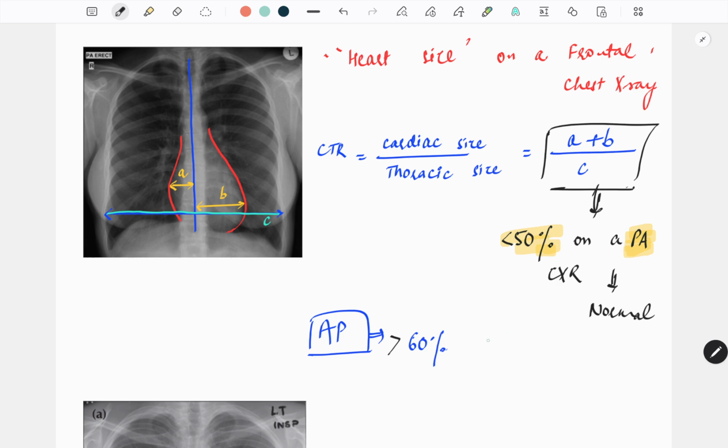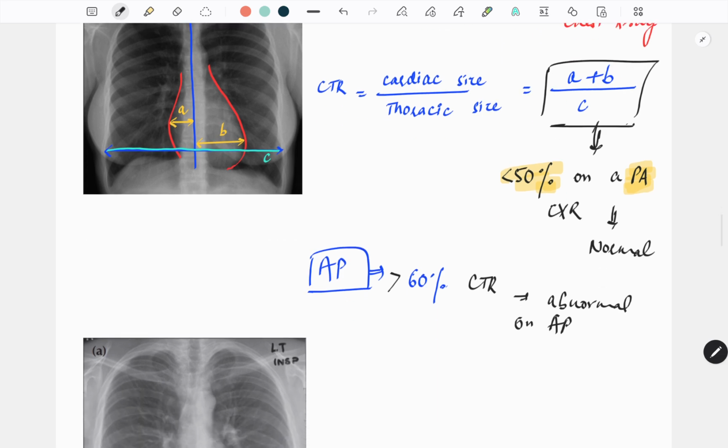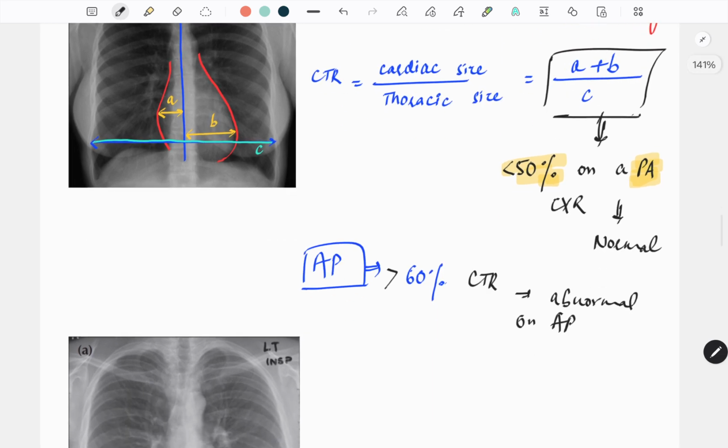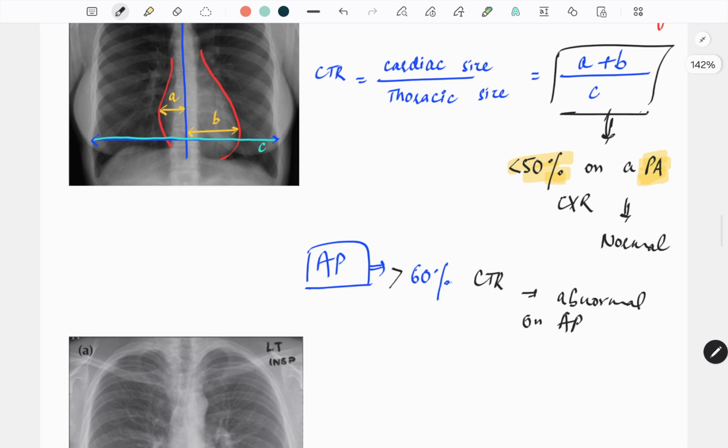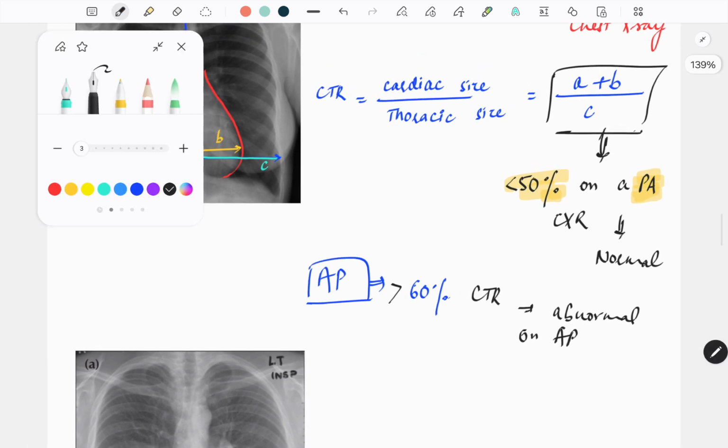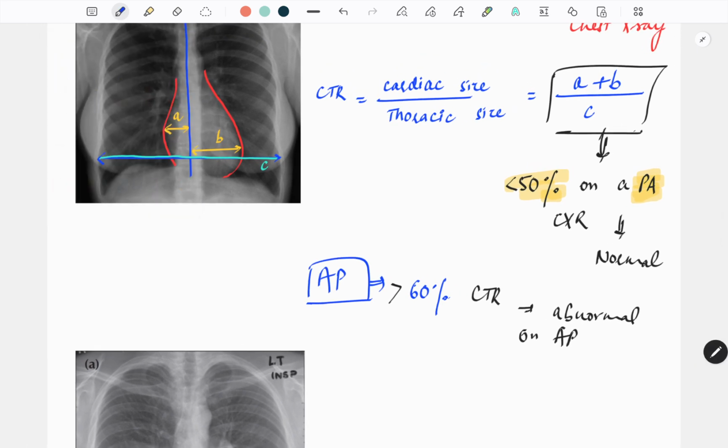More than 60% CTR would be considered abnormal on an AP radiograph, whereas more than 50% on a PA radiograph would be considered abnormal, except in neonates.